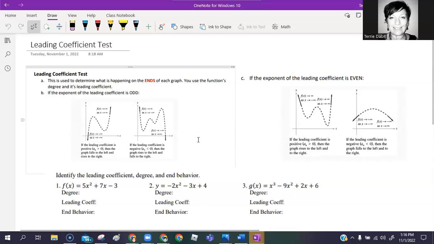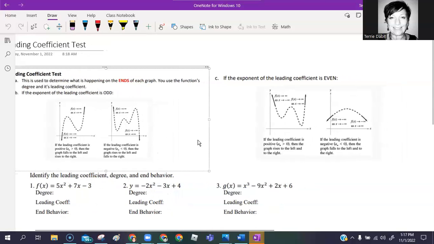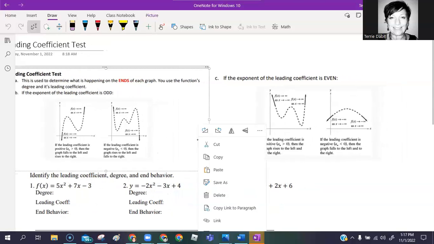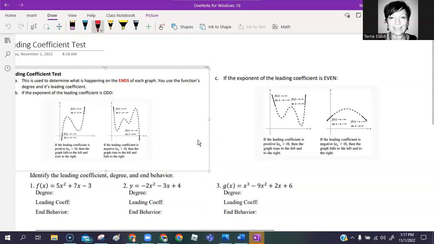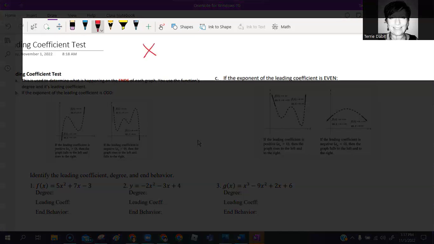Next, we have what is called the leading coefficient test. I hope you can remember from your college algebra class what the leading coefficient is. I'll write polynomial at the top of the page. That will be in standard form.